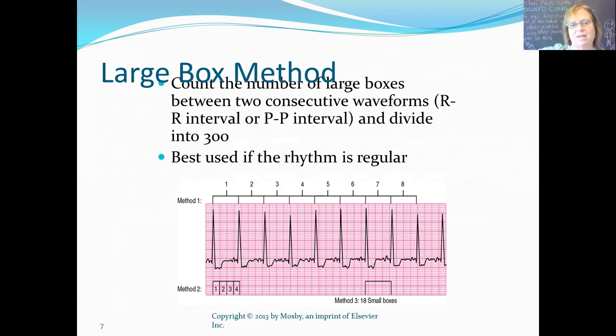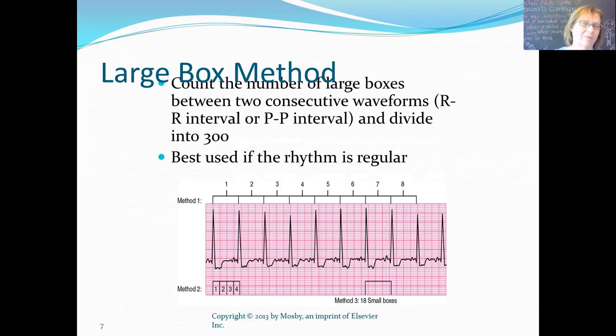So here we would say 1, 2, 3, about 3.5. So 300 divided by about 3.5 is going to give you that rate, and it's going to be about 75 or 80.